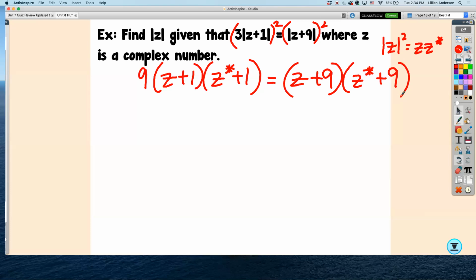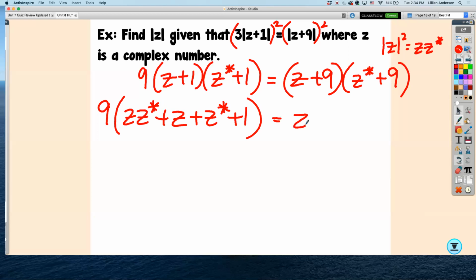What do you think I should do from here? FOIL. So I'm gonna leave the 9 out for a moment. That gives me z z conjugate plus z plus z conjugate plus 1.